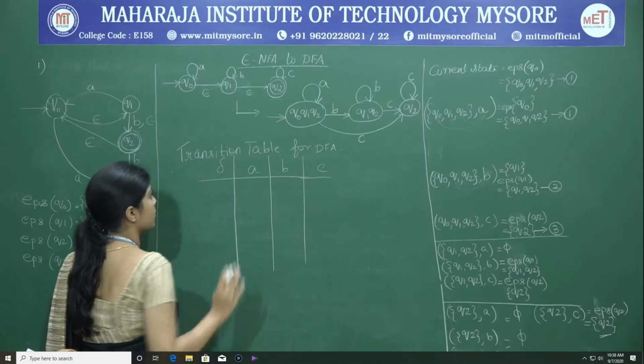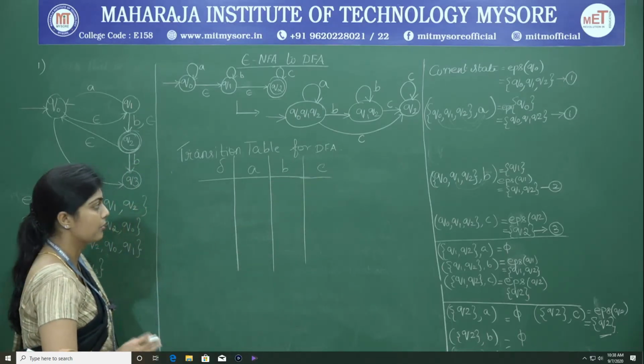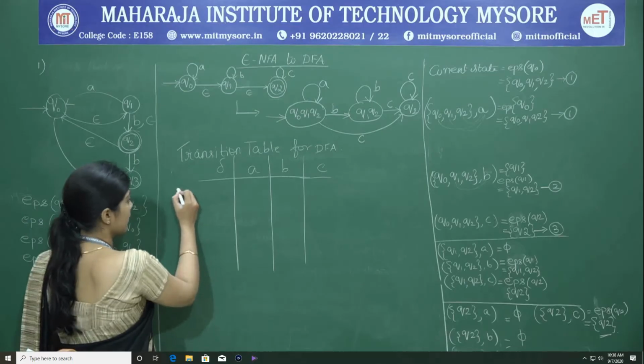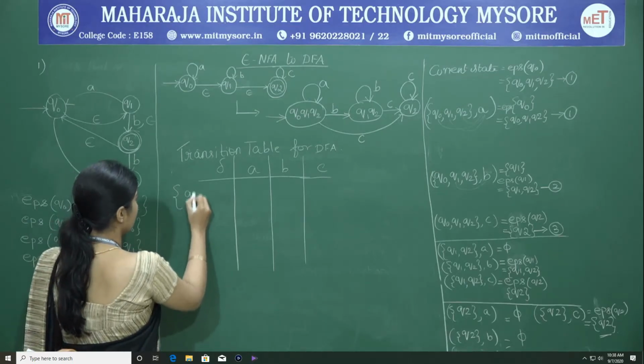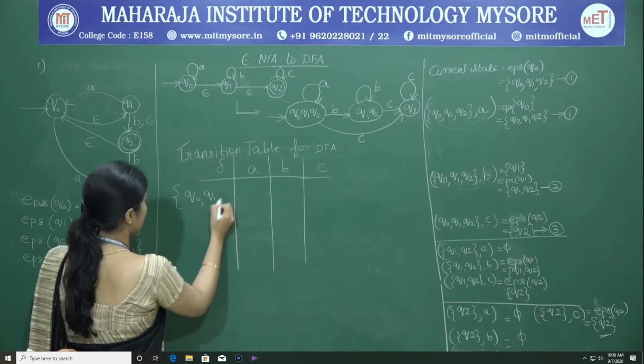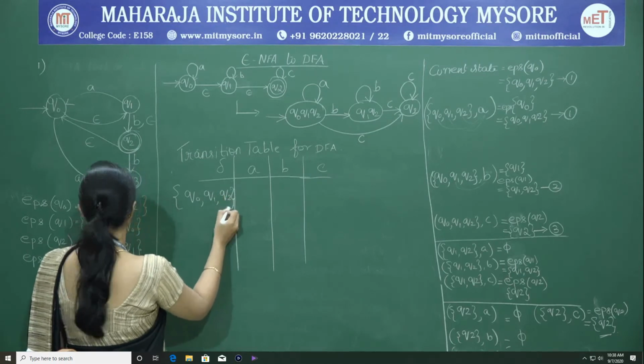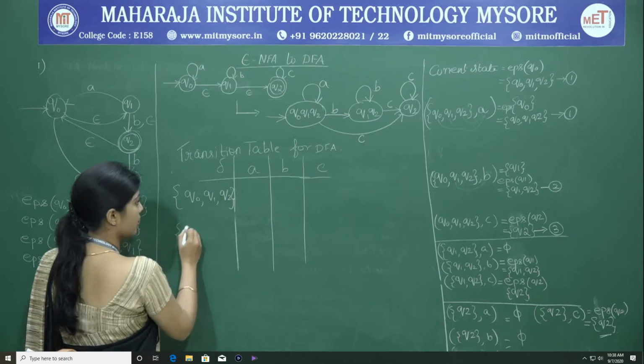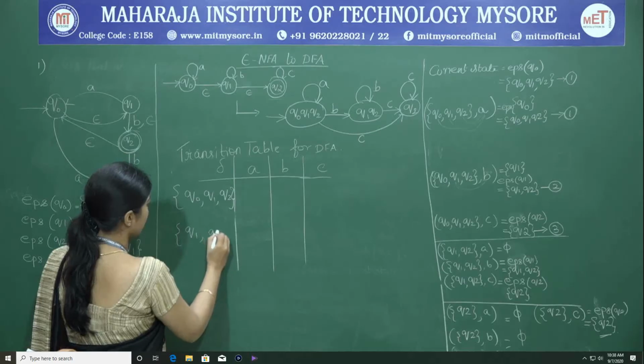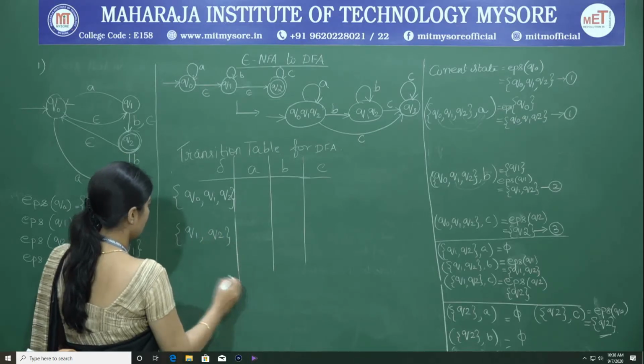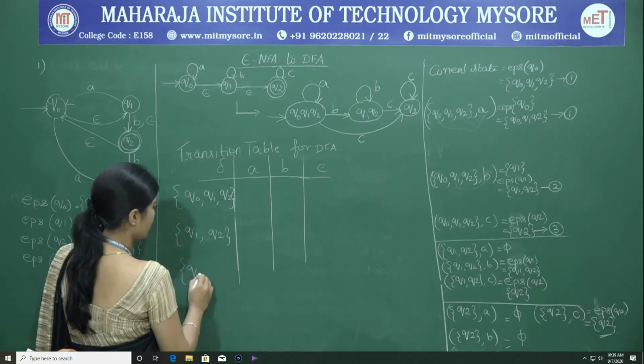So we write the input symbols only. It does not have any epsilon transitions. First is nothing but Q0, Q1 and Q2, second is nothing but Q1, Q2, third is Q2.